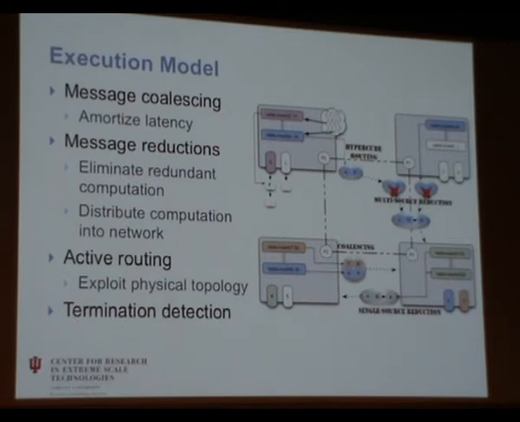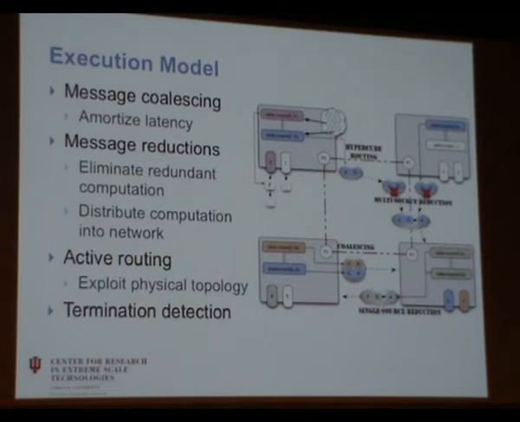So for example, in a breadth first search, if you're sending two update messages to the same vertex, the second one is completely redundant. And therefore, we employ small and very fast caches on local nodes to detect these duplicate messages in some cases and then prevent them from being sent.